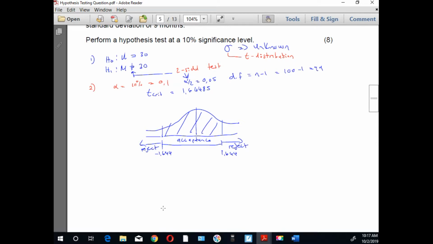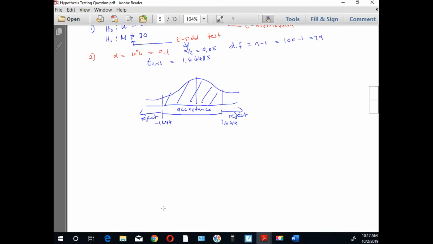All right, that's how it works. So we'll reject anywhere on this side and accept anywhere in between. That's simple. We'll move on to our third stage.